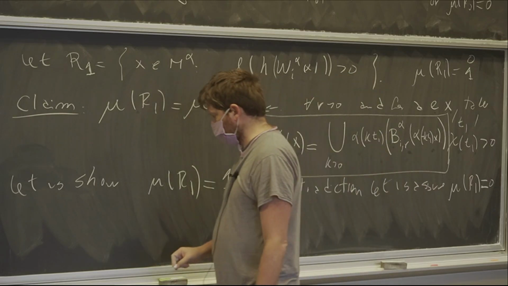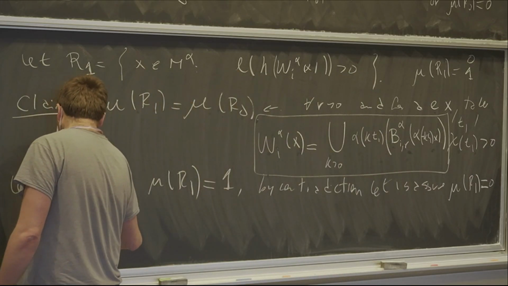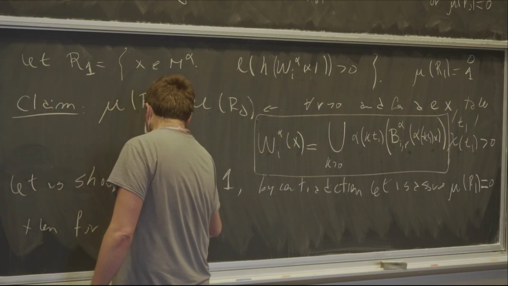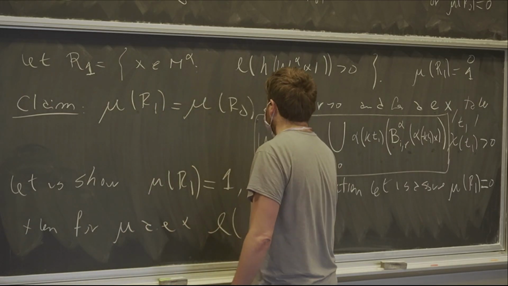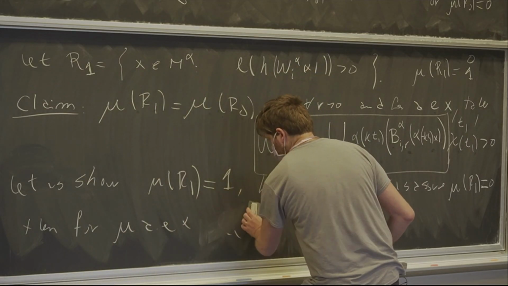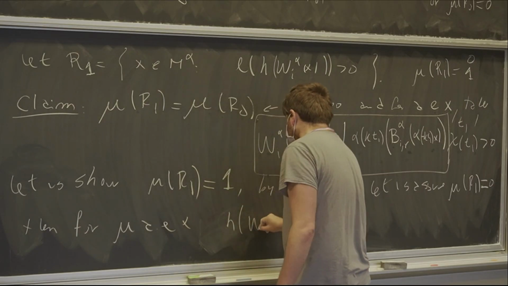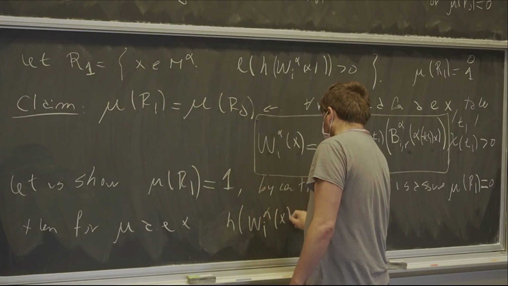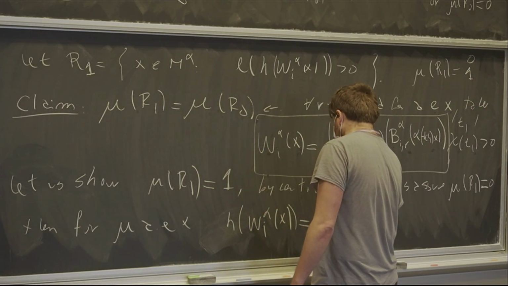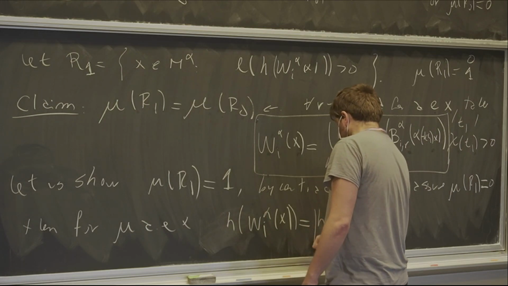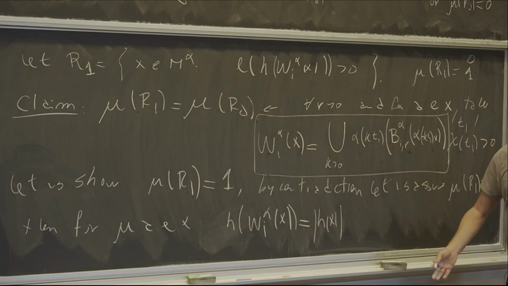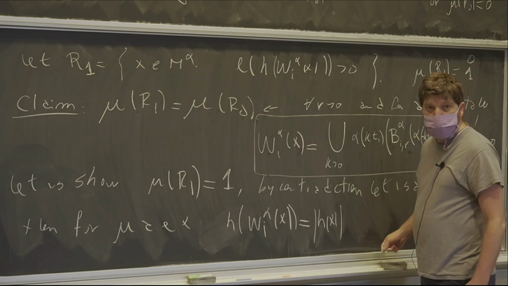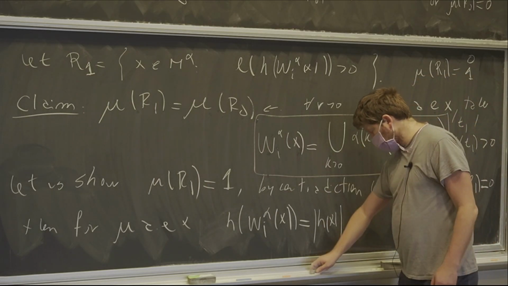Then for mu almost every x, the length of, actually more than the length, just directly, h of Wi alpha of x is just h of x. So it completely kills everything because length 0 means a point. It's a connected set.